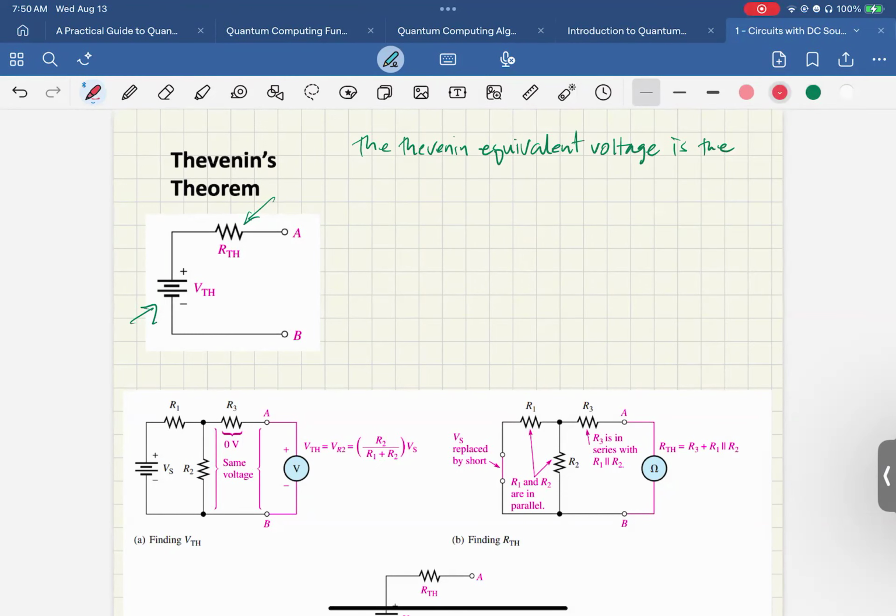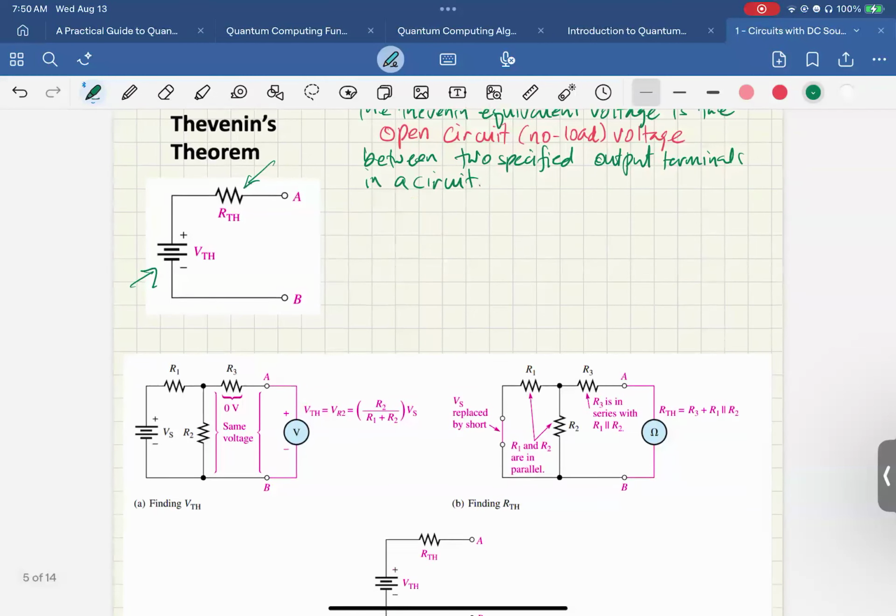Is the open circuit, which means no load voltage, okay, between two specified output terminals in a circuit.